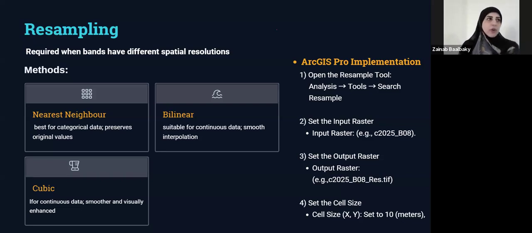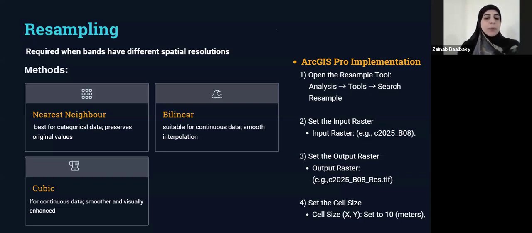The choice of method depends on the data. Nearest neighbor preserves values for categorical data, while bilinear is good for continuous data with smooth interpolation. And cubic produces even smoother results with enhanced visual quality.